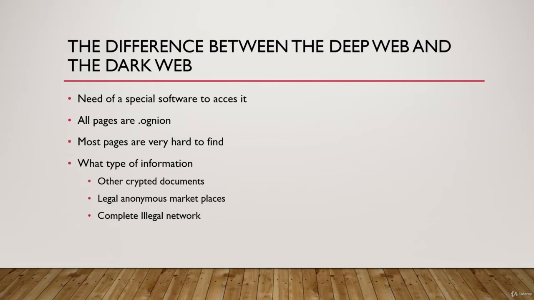So first of all, to access the dark web or the so-called dark side of the internet, you need special software. By special software, we are talking about software like Tor, for example, which is the most popular software to access this part of the internet.